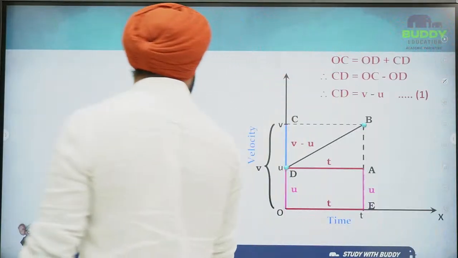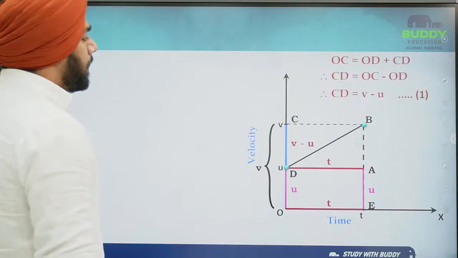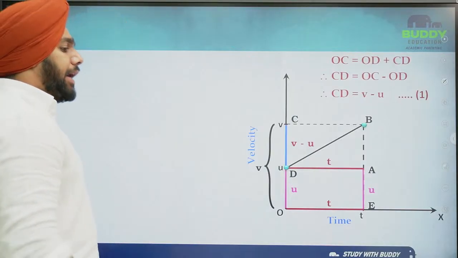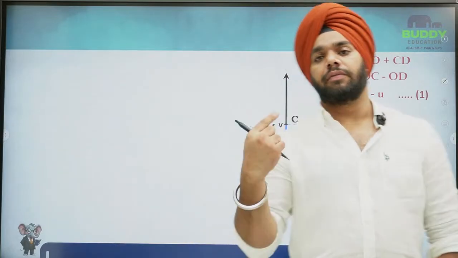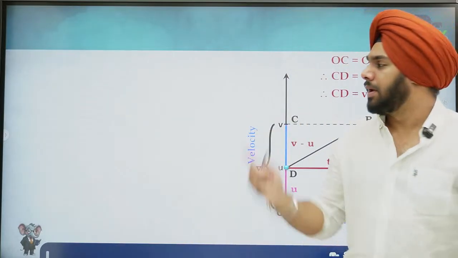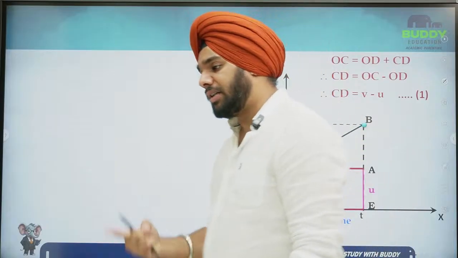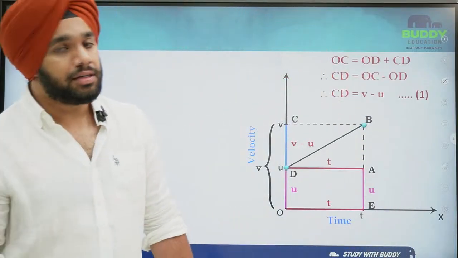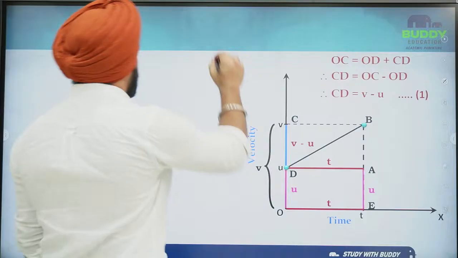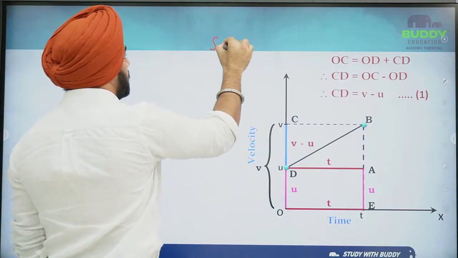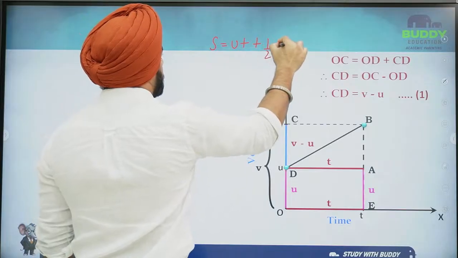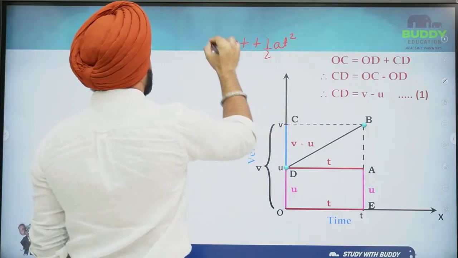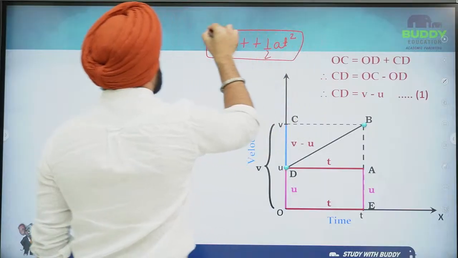Coming to the next part, I told you the slope of a velocity time graph will give you acceleration, but the area covered under a velocity time graph will give you what? Displacement. So if you take a close look, we have the second equation of motion, s is equal to ut plus half at squared.